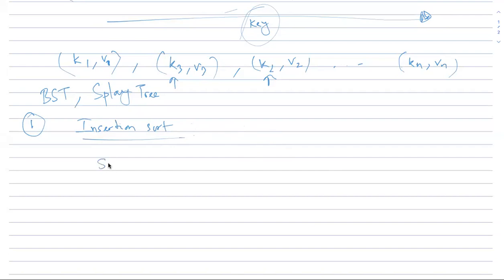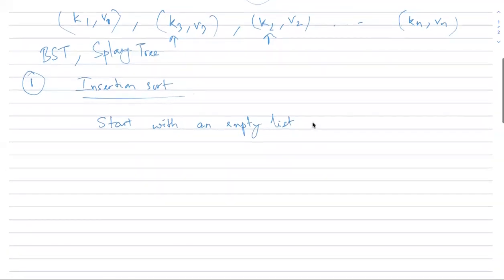So the basic algorithm looks like this, that you start with an empty list, which is S. So the idea is that S represents the sorted portion and I represents the input.